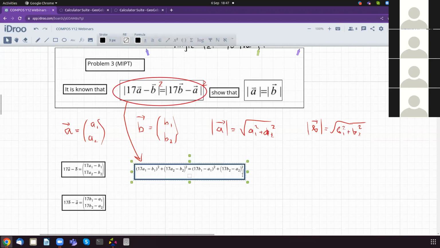Okay, so let's have a look. We expand. 17 squared is 289, I believe. So 289 A1 squared. Okay.